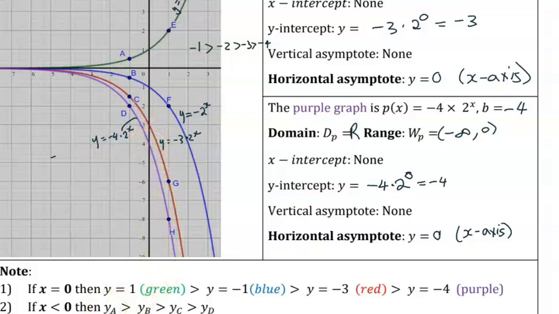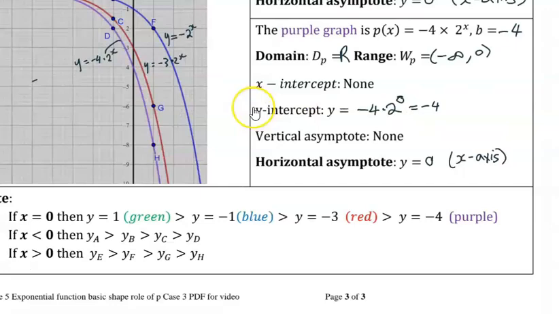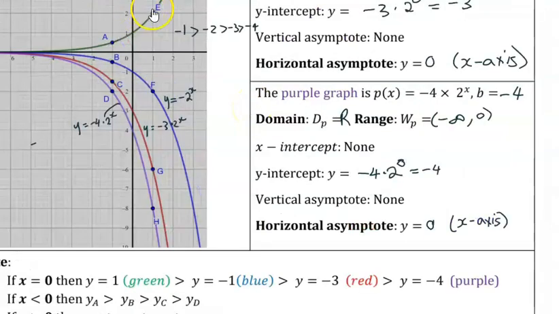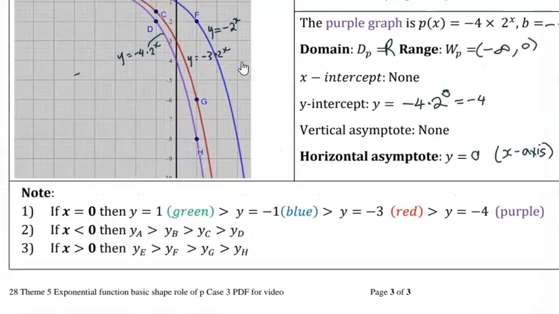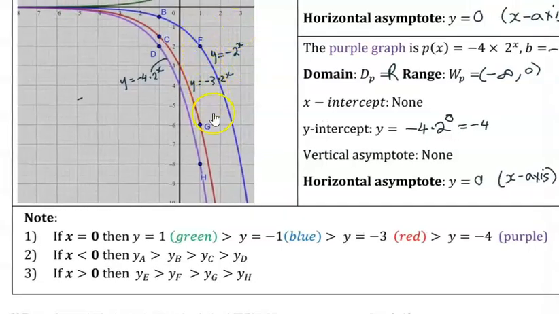When x is less than 0 on this side, my y of A is larger than my y of B, my y of C and my y of D, and on the positive side the same thing happens. My y of E is larger than my y of F, it's larger than my y of G, and it's larger than my y of H.